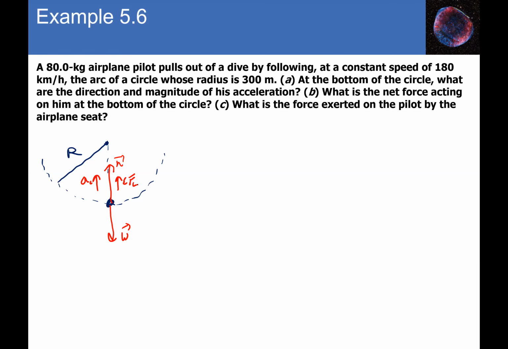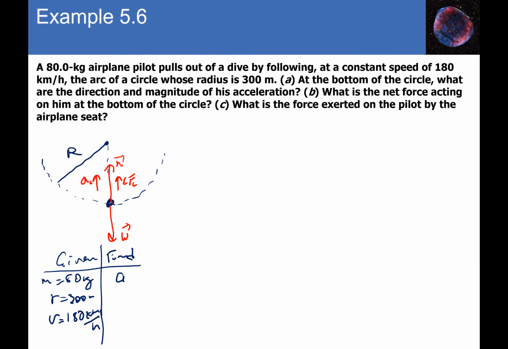So then what we do here is we understand that those are the forces acting on him at the bottom, and part A is asking, let's say, if I write down what's given to me. I'm given the mass 80 kilograms, I'm given the radius 300 meters, and I'm given the speed. Let me put it in terms of 180 kilometers per hour. Okay. So what we need to find first is the acceleration.